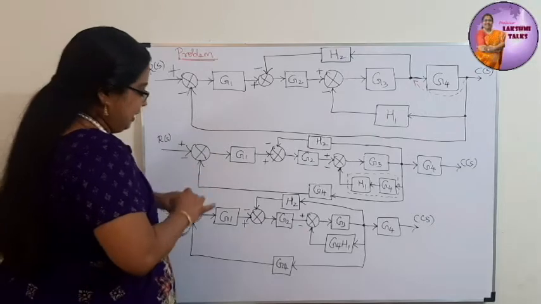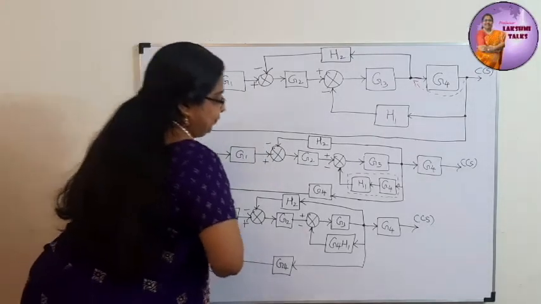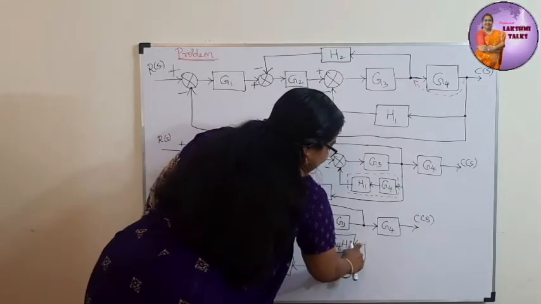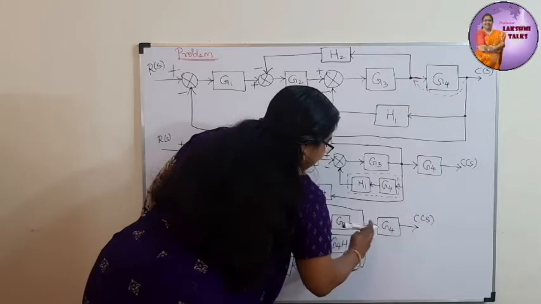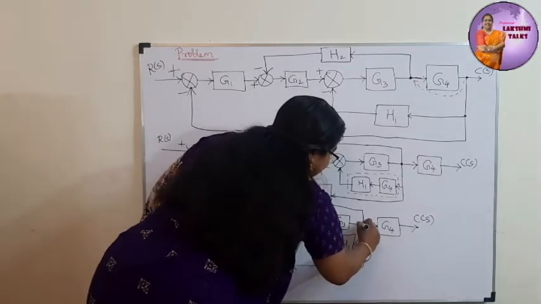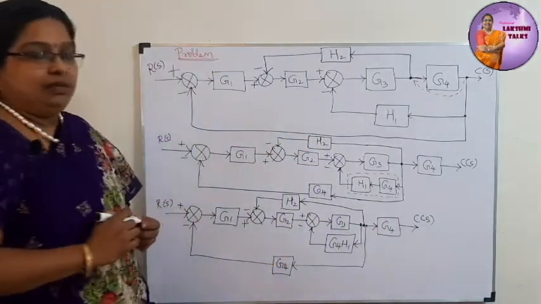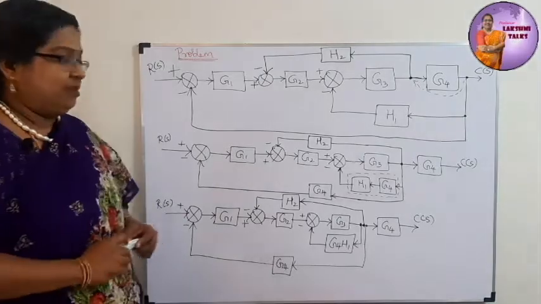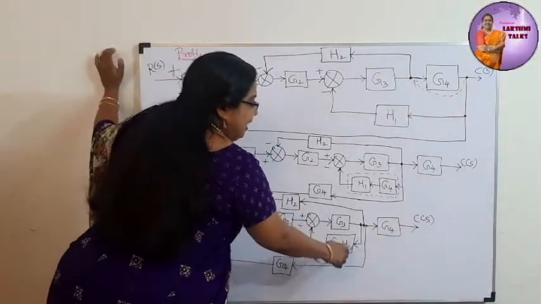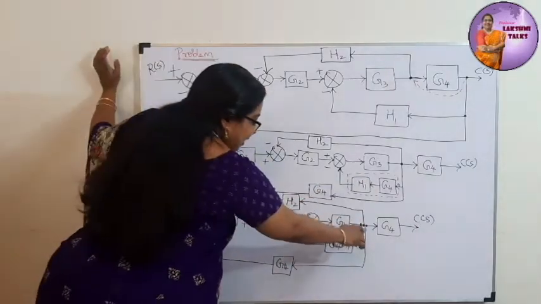As a simple rule, we can redraw them like this. It is nothing but tapping three things. You need not redraw like this, but for easier understanding, I have drawn it like this.